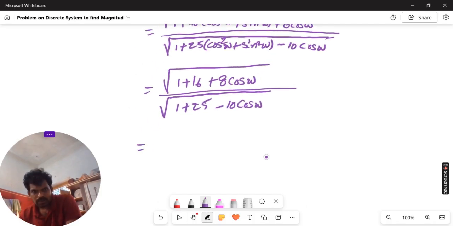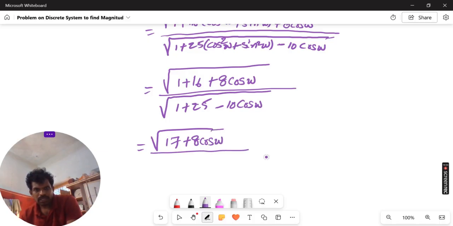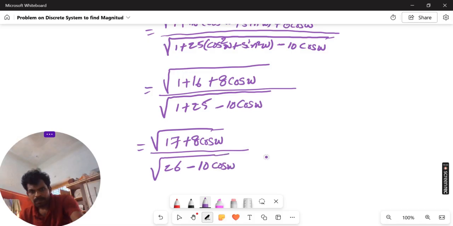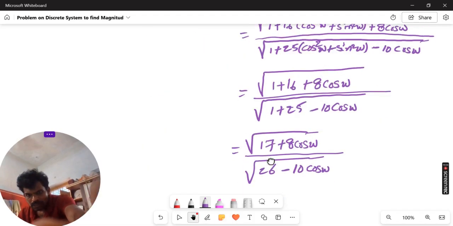Okay, let us simplify. So square root of 17 plus 8 cos omega divided by square root of 26 minus 10 cos omega. What is it?